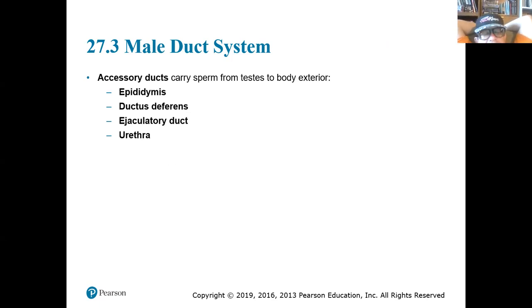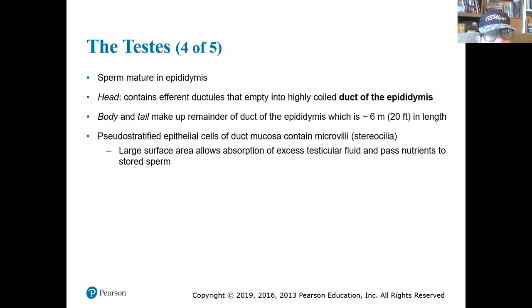They join up in the prostate, and that passes the sperm to the urethra through the penis. Okay. So sperm grow up in the epididymis. The head has these efferent ductules that empty into the coil ducts of the epididymis.